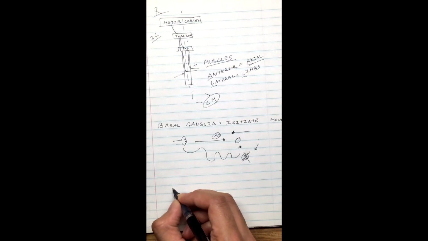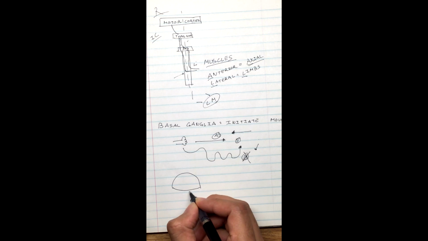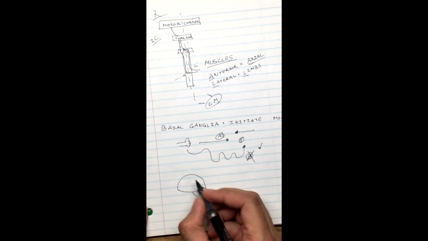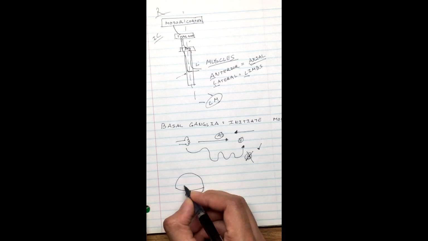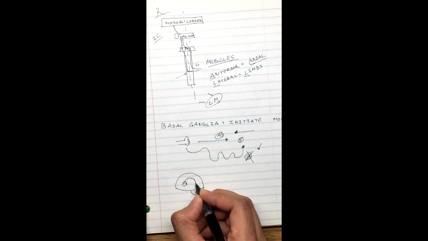Okay, I'll just draw it down here. So if we're looking at the brain from this angle right there, the basal ganglia is kind of a weird structure. It's almost shaped like a mini brain, kind of a C-shaped structure. It starts right there and loops around back here.